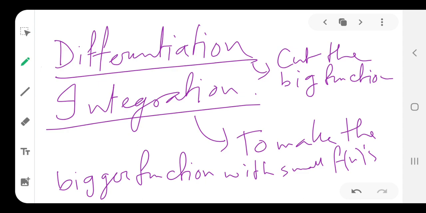Okay. Then differentiation and integration. Now, what is integration? I'm just telling you a very little bit about it. It will also be helpful in our study. Integration means joining the small functions. So Newton was doing this thing only. Newton was able to see only a portion of a function.